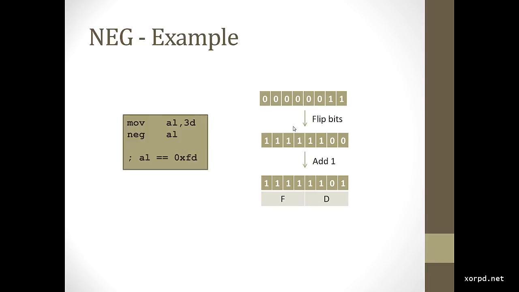And then we add 1. First we flip every bit and then we add 1. And finally we get this number, FD, which is going to be the result. After using this instruction, neg AL, the value of AL is going to be FD in base 16.